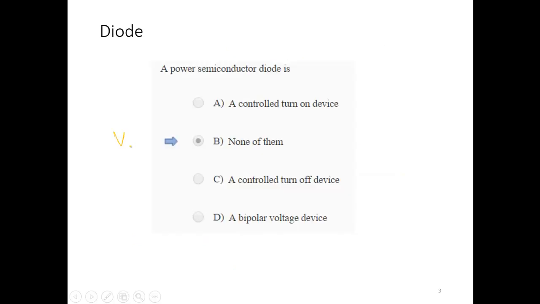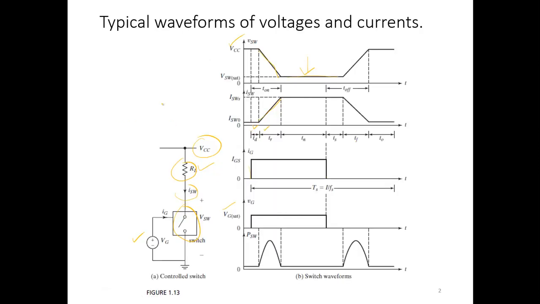The maximum current will be VCC divided by RL, minus the drop across the switch, which is the saturation voltage V of the switch. Because there is a small voltage, the maximum switch current will be the supply voltage minus the saturation drop, divided by the load resistance. That is the maximum current that will flow through the switch.